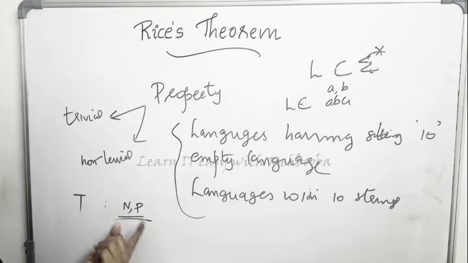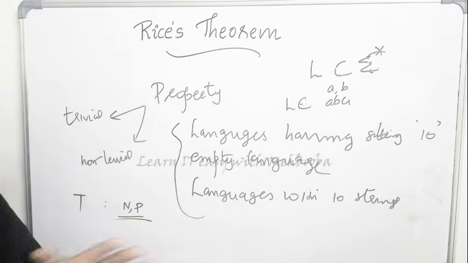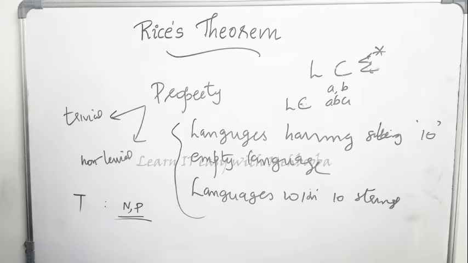But if the property is non-trivial, that is, some Turing machines have the property and some Turing machines do not have this property, in that case this is undecidable. You cannot construct a Turing machine which can clearly say and halt whether the description of another machine n or the language n has the property P or not. So that is the statement of Rice's theorem. Hope you understood. Thank you.